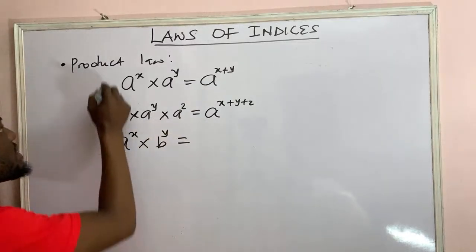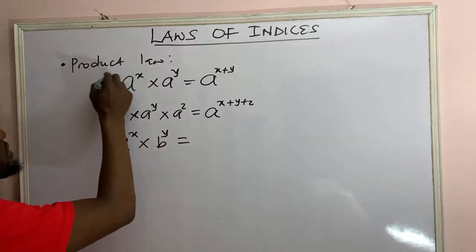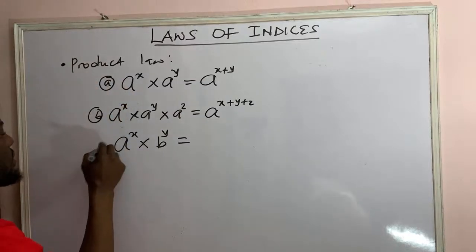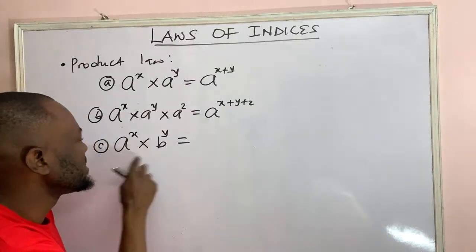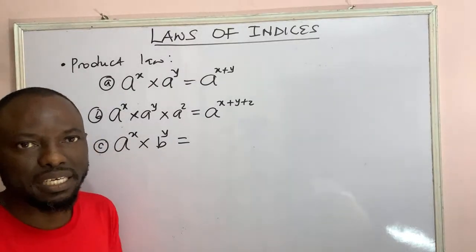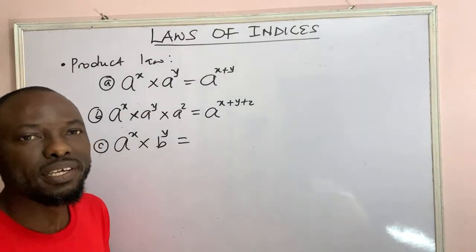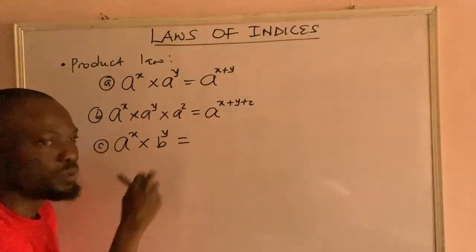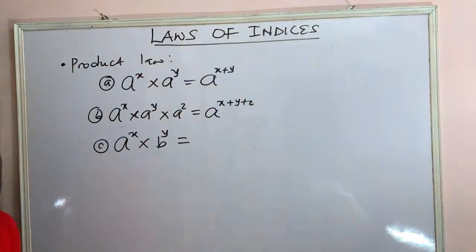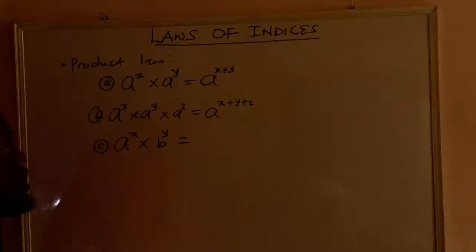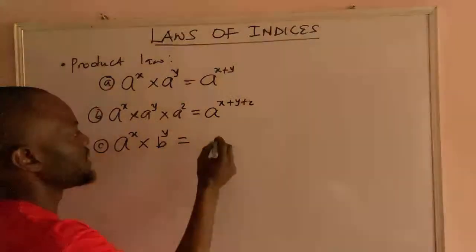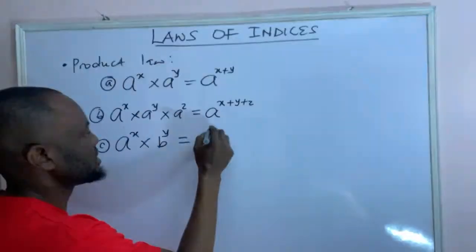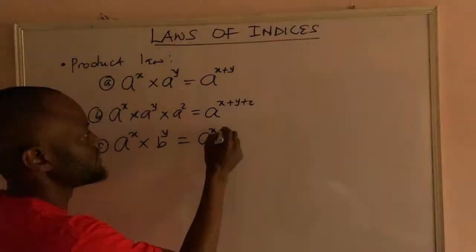If you look at this, this is the first question, the second, and the third. For the third question, you can see that they do not have the same base. So the law is not valid in this situation. What you need to do in a case like this is just write a to the x and b to the y.